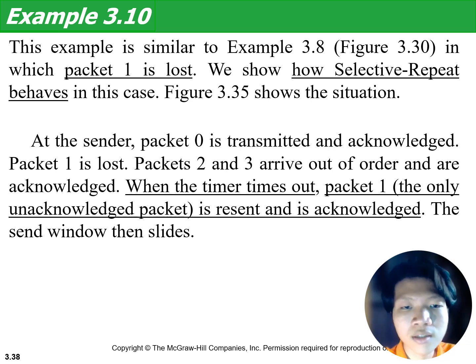At the sender, packet 0 is transmitted and acknowledged. Packet 1 is lost. Packets 2 and 3 arrive out of order and are acknowledged. When the timer times out, packet 1, the only unacknowledged packet, is resent and is acknowledged. The send window then slides.